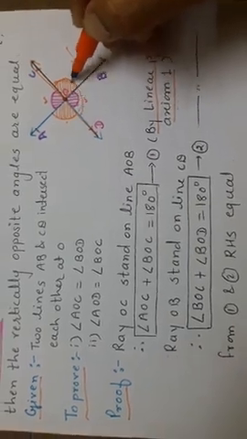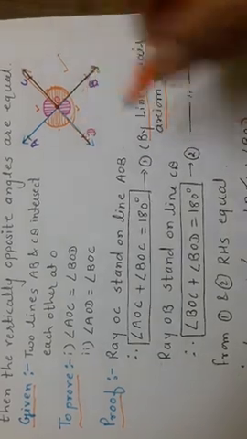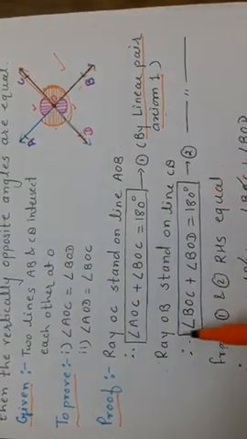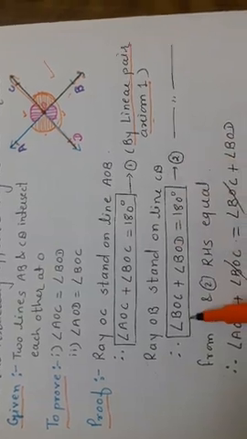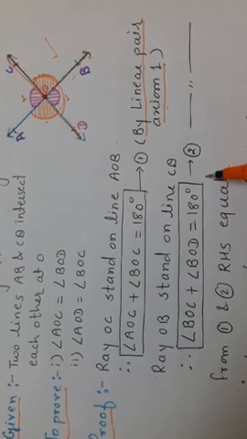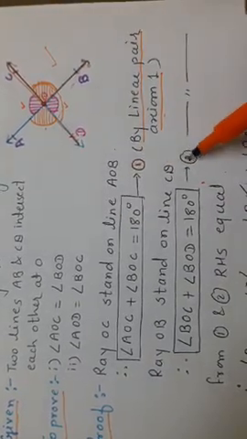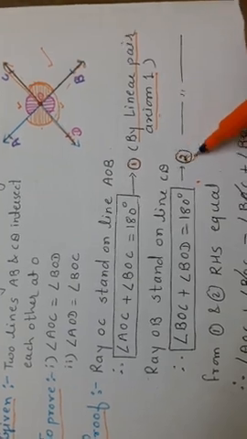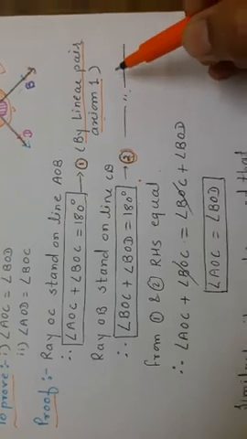That is a linear pair: BOC plus BOD is equal to 180 degrees. Have you seen here? Ray OB stands on the line CD, so angle BOC plus angle BOD is equal to 180 degrees. This we will call equation 2. On which basis have we written this? Same, by the linear pair axiom.